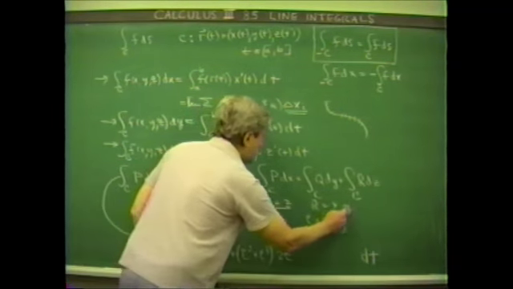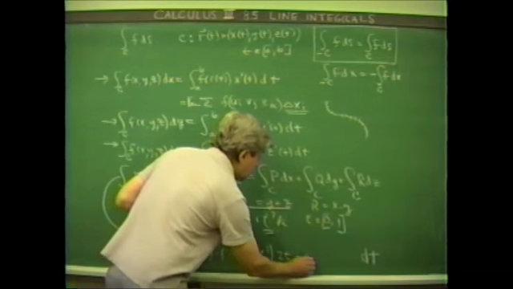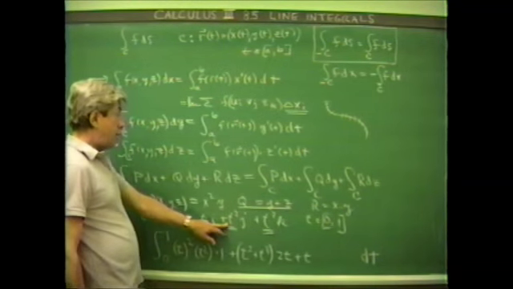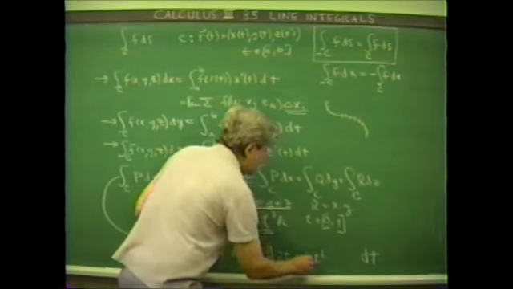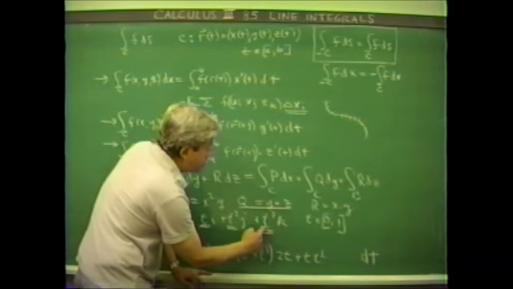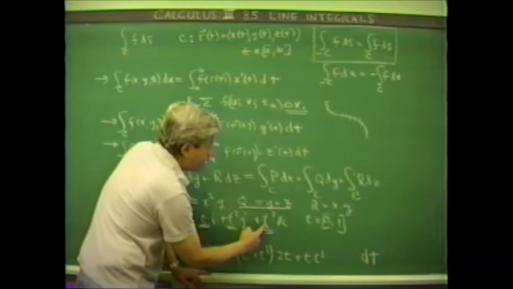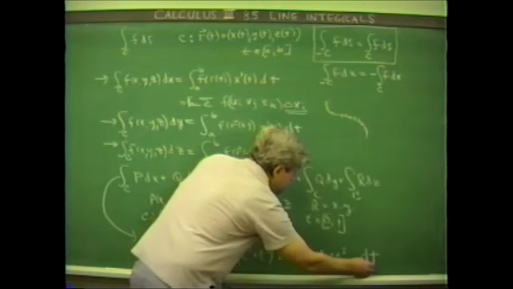Finally, we take x times y. x is t, y is t squared. And this is with respect to z, so we take z prime of t. z is t cubed, so we're going to have 3t squared dt.